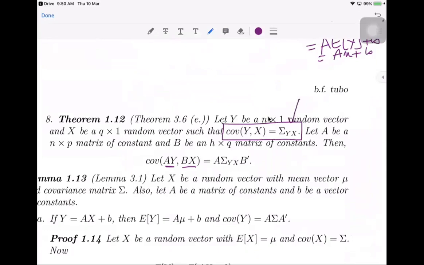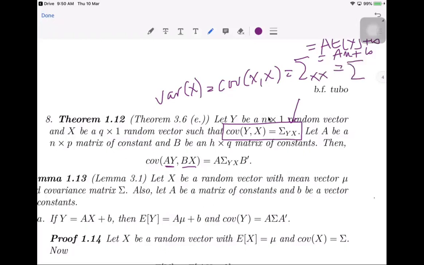Let us denote it by sigma yx. So the covariance of xx, or just the variance of x, is denoted by sigma. It can be xx or just simply sigma, no?